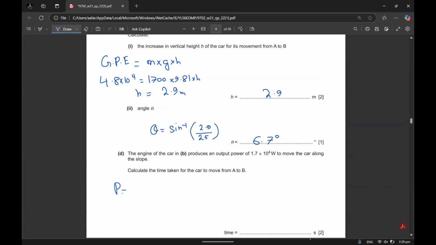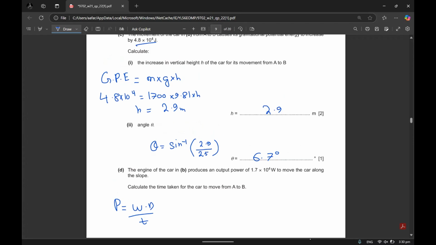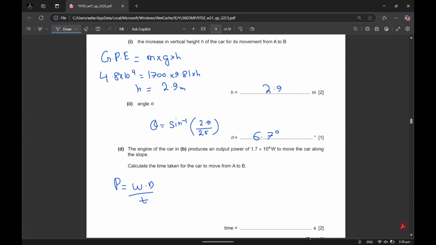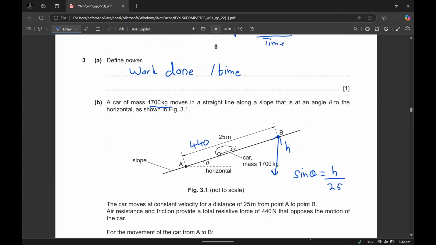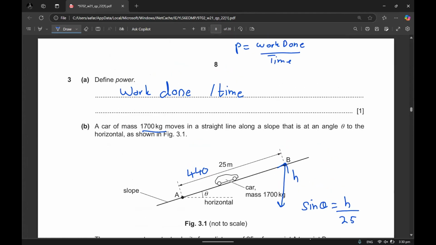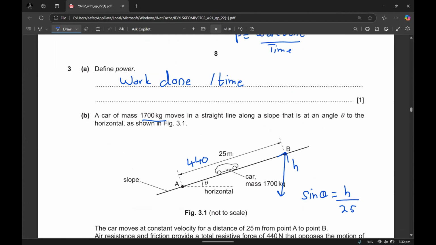So we know that power is basically equal to work done over time, right? The work done by the force of the car is also equal to 440, since it is going at constant velocity.